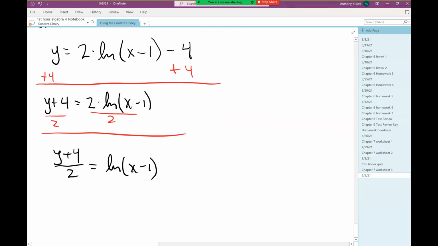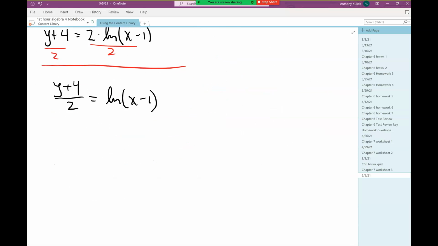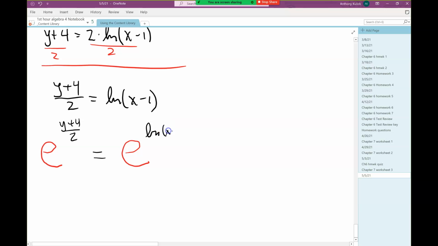So to cancel out this logarithm, this ln, I'm going to use the exponent base e. And I'm going to write that absurdly large because I don't want anybody to confuse this exponent base with multiplication. I don't want it to look like I'm multiplying both sides by e.